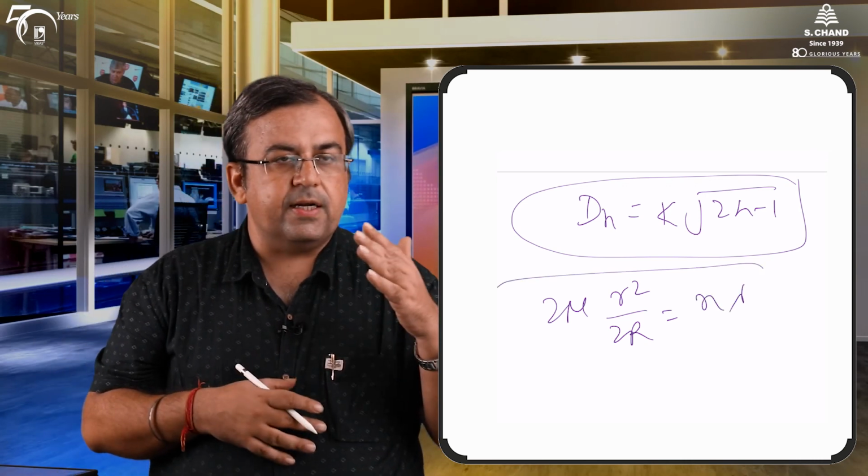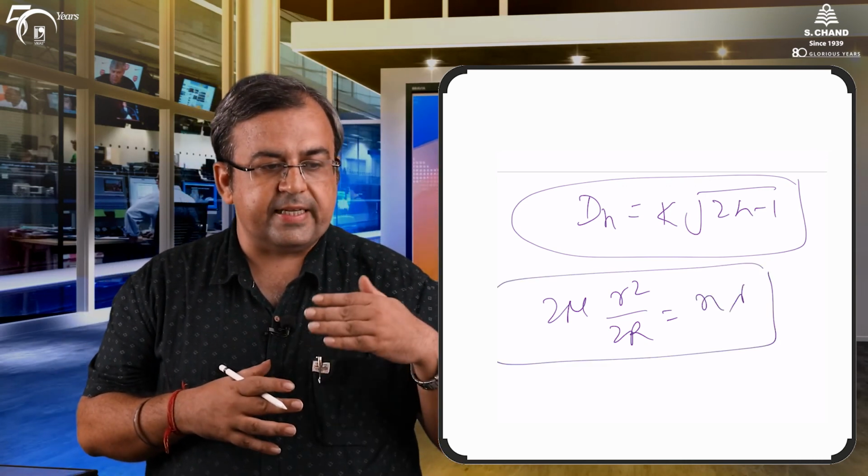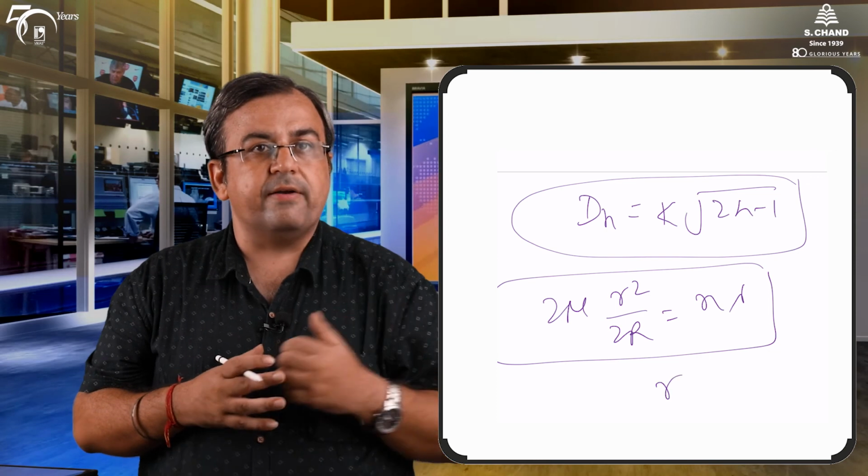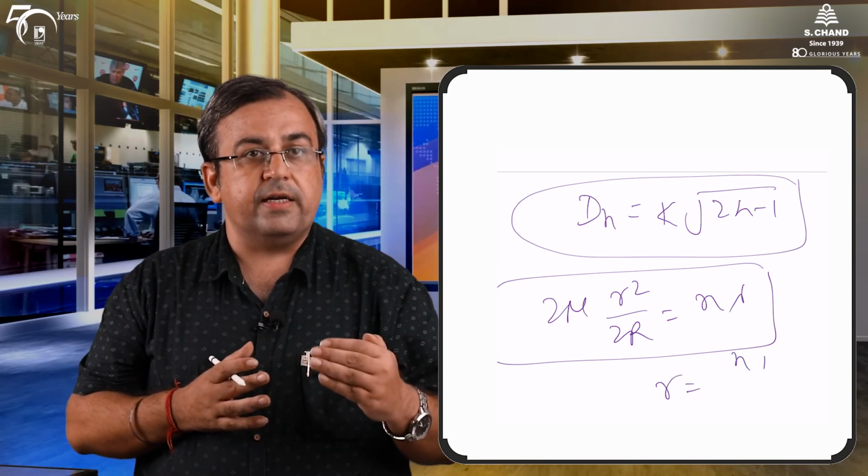So the diameter of the successive dark rings is proportional to the square root of the natural numbers. See, these are the two conclusions we have drawn right now, based on the conditions required for observing the bright and the dark rings, or constructive and destructive interferences.